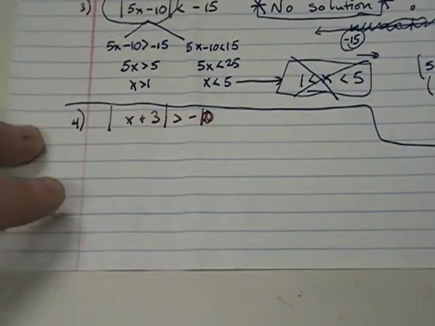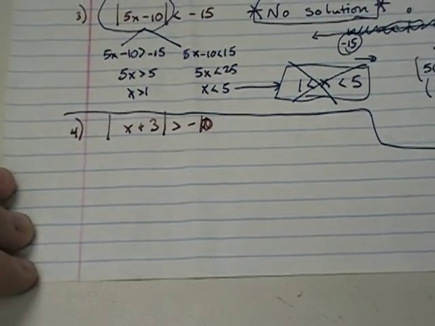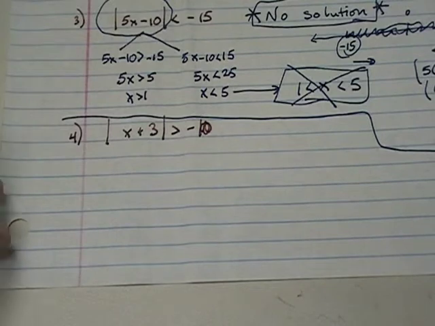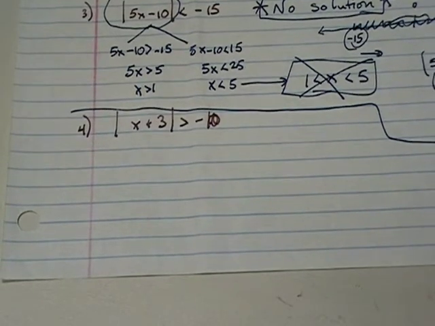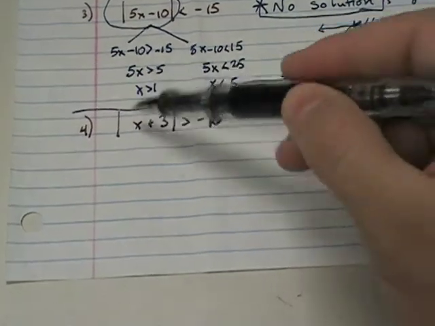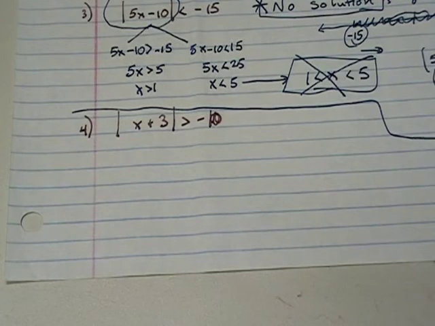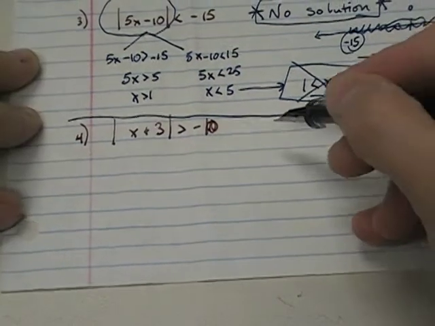So let's look at problem number 4. The absolute value of x plus 3 is greater than negative 10. Similar situation to problem number 3. What we're saying is that this is going to be greater than a negative number. Since all absolute values are positive, all absolute values are greater than negative 10.